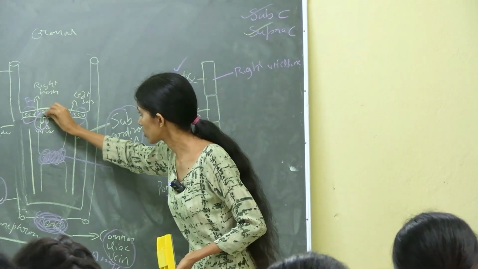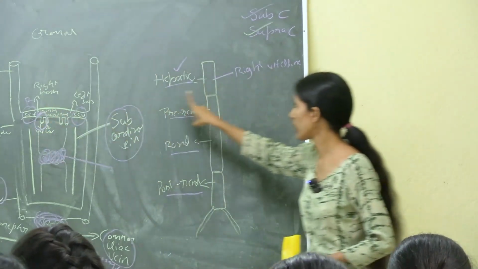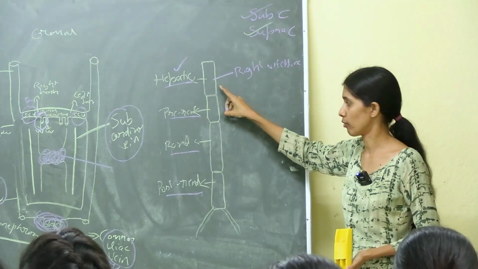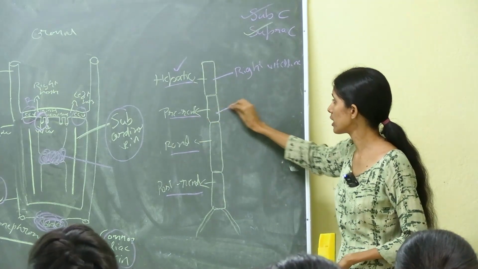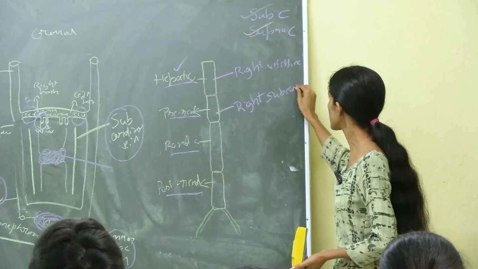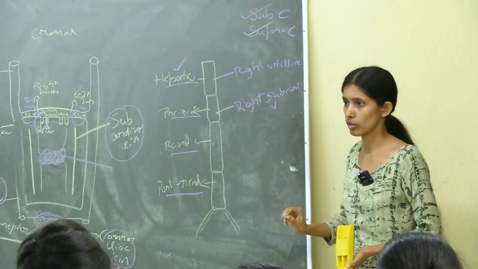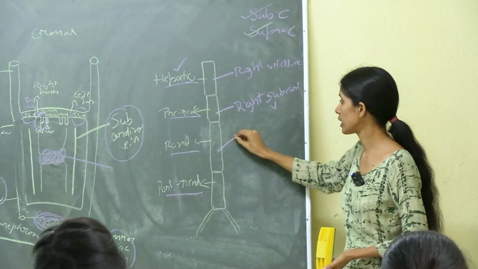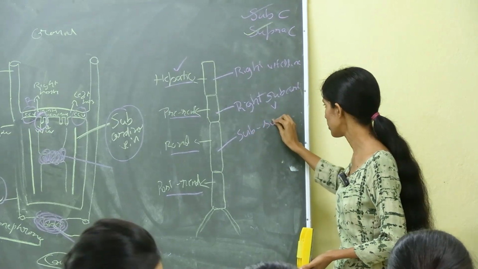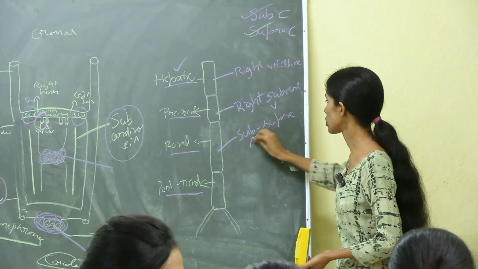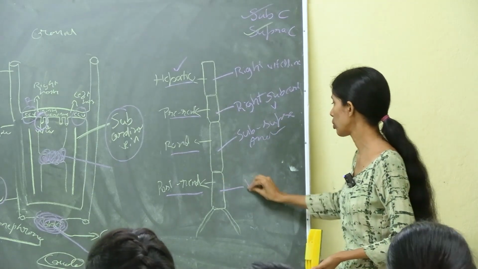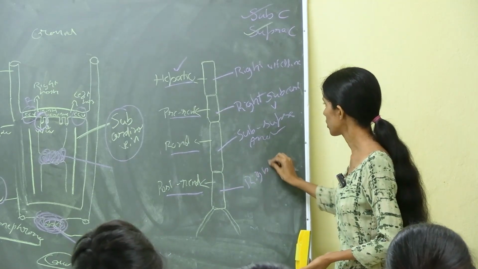This structure will give rise to the hepatic segment of your inferior vena cava. Okay, and the pre-renal is formed by right subcardinal vein. And the renal segment is formed by the sub-supra anastomosis, and the post-renal is formed by right supracardinal vein.